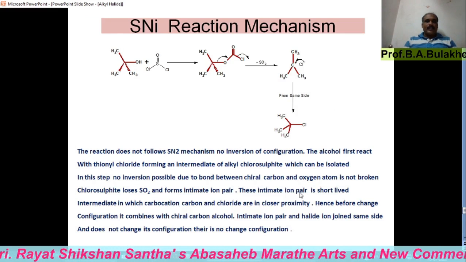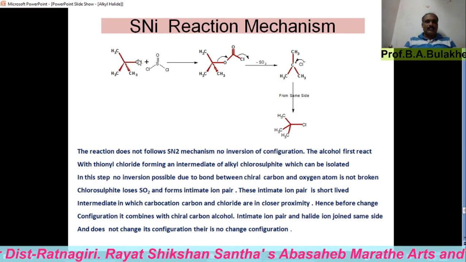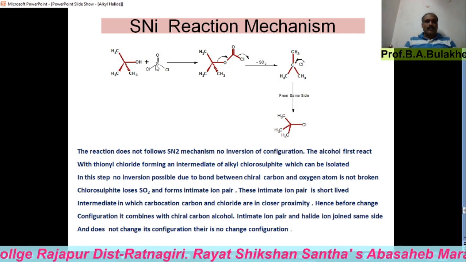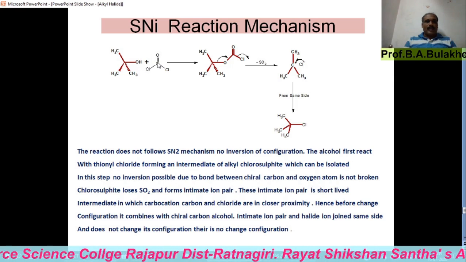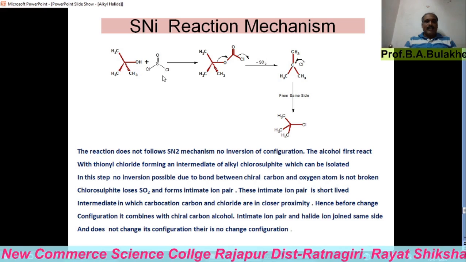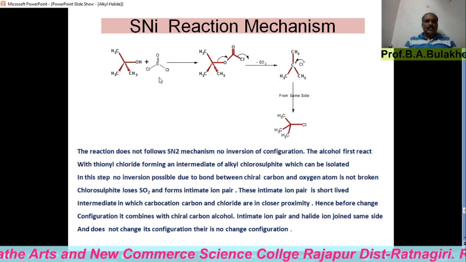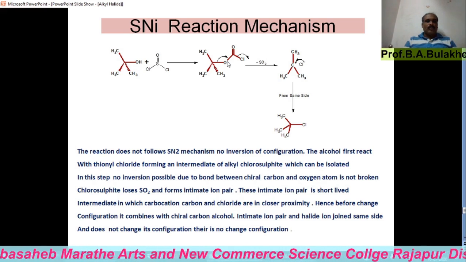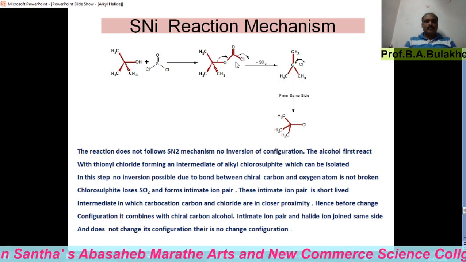Such a mechanism operates in the SNi reaction like this: the OH group attacks the thionyl chloride, which replaces one of the Cl, so hydrogen and Cl leave as HCl, and a bond is formed between oxygen and sulfur.